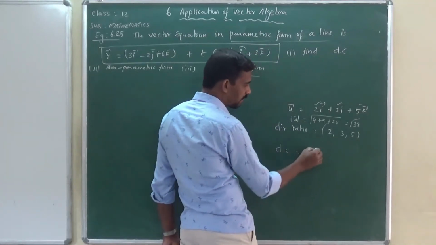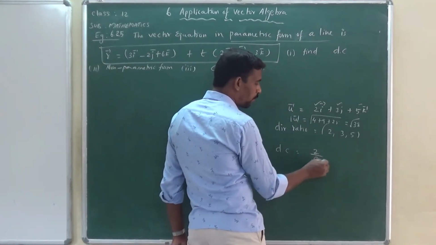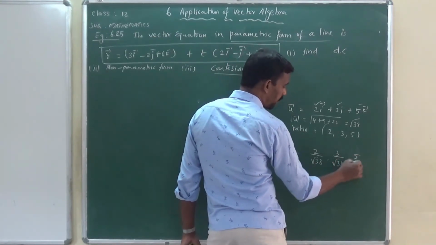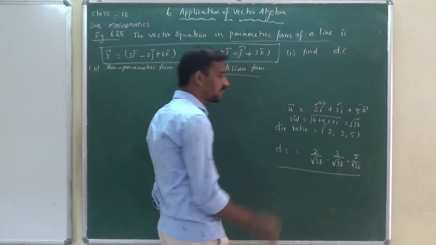The direction cosines are 2 divided by root 38, 3 divided by root 38, 5 divided by root 38.